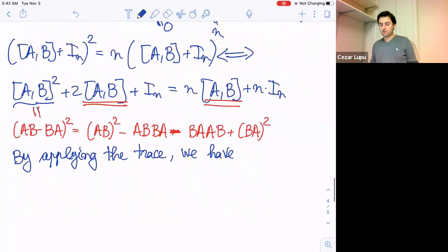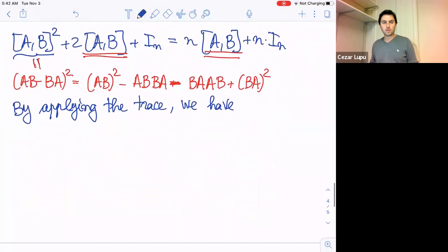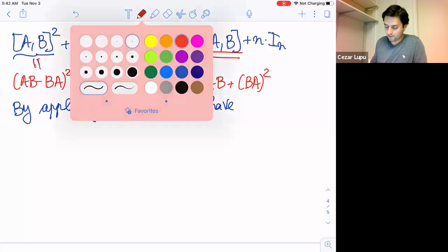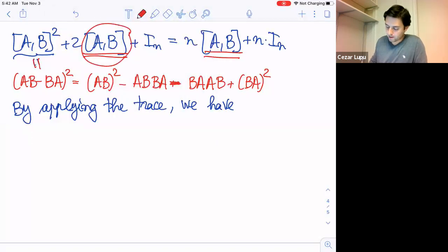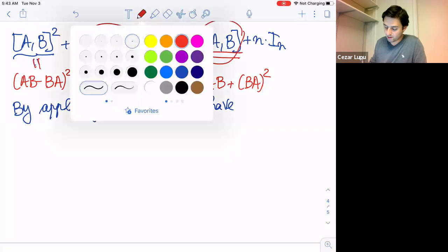All right, then let's be careful here. So we look at this equality above and we apply the trace there, right? So you see these guys, this guy here and this guy here will just go away when we apply the trace. So that's it, they're gone. So that's the good thing.